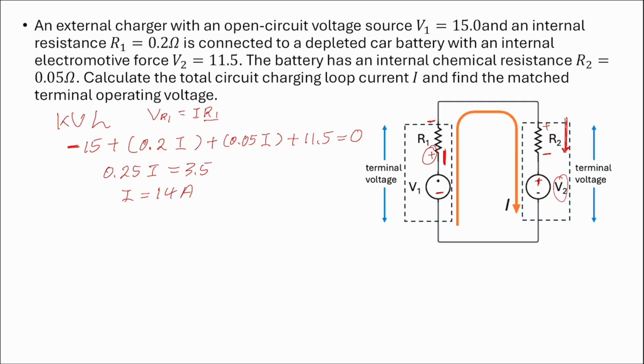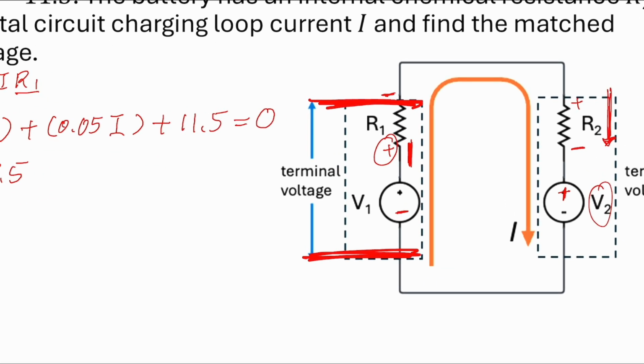Next, we want to find the terminal voltage across the charger. It means from here to here. This terminal voltage can be found from this argument. First, we have 15 volt across V1. So this is 15 volt. And this voltage will drop because when it crosses R1, some of the energy will be lost.